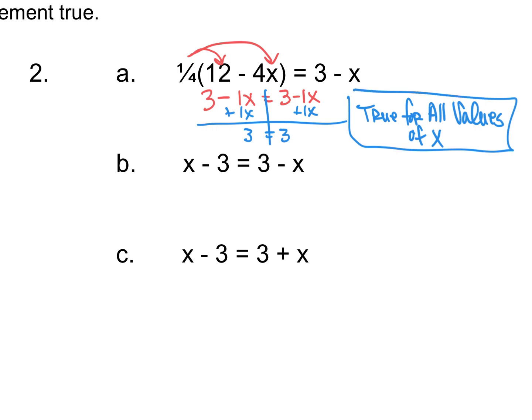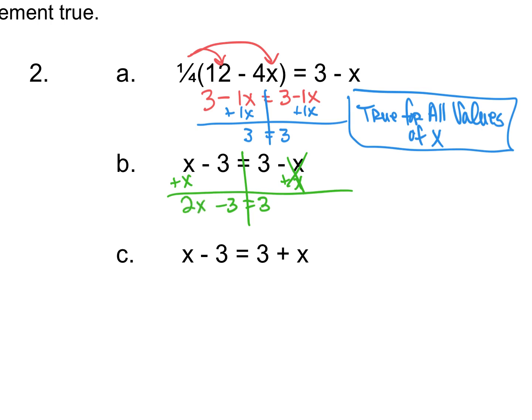All right, moving on. I like to move my variable terms to be themselves. So either 1x, or we can actually just look at it as just x. Let's just do it as x. So I'm going to add x to both sides. So those two go away. We have a 3. We have a negative 3. So I have x plus x. How many x's do I have there total?